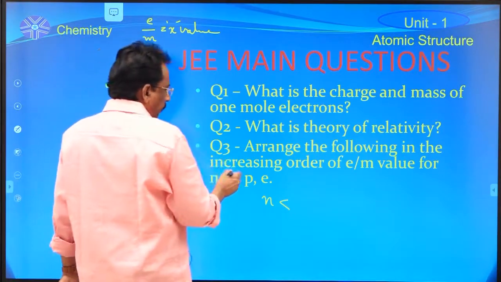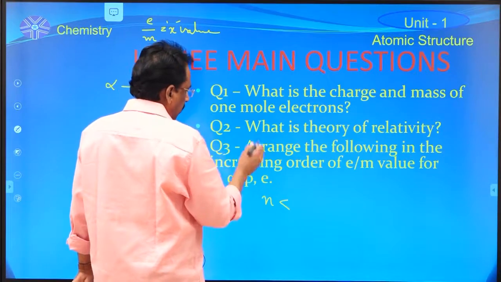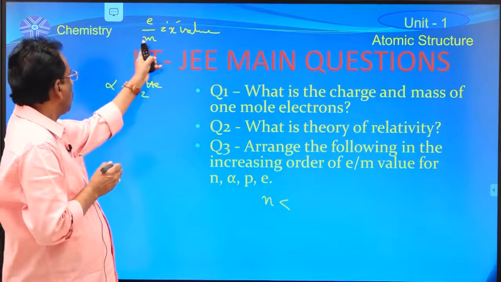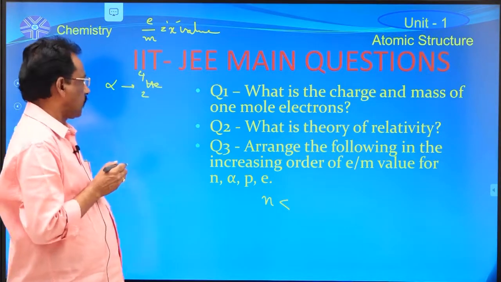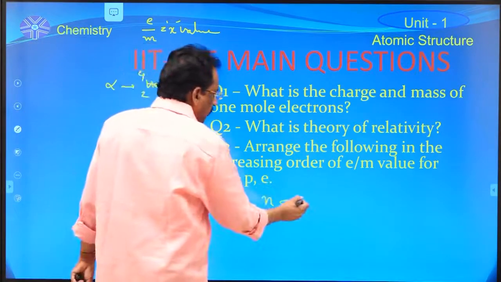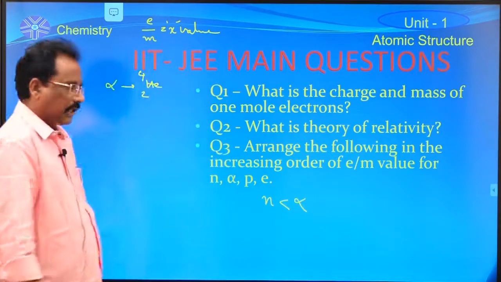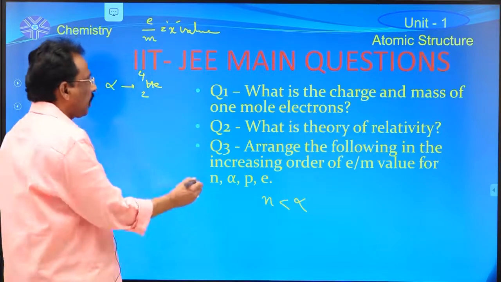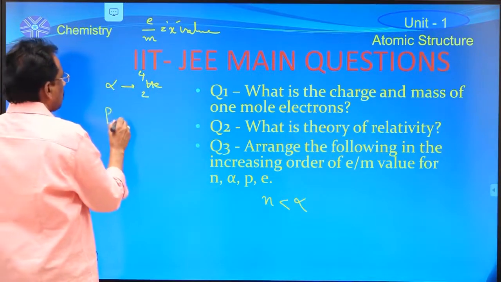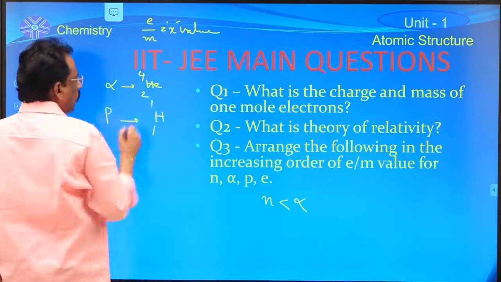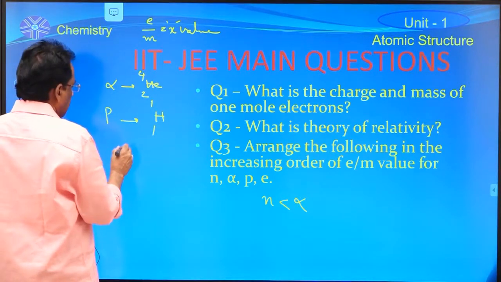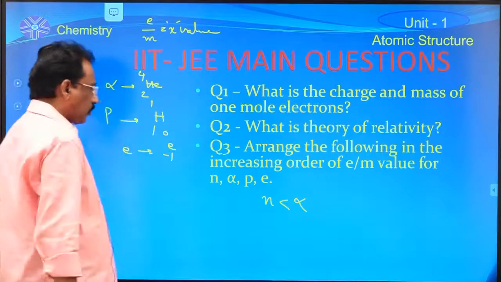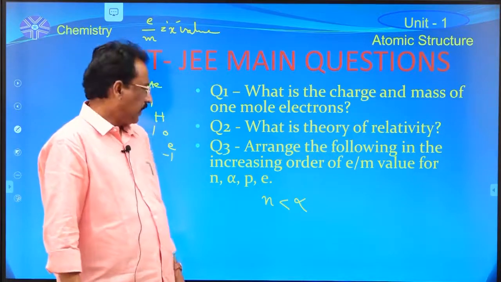So among alpha particle, proton particle and electron particle, in the case of alpha particle, mass is 4 AMU, and mass and this value are inversely proportional to each other. That's why when compared with the proton and electron, for the alpha particle the specific charge is less. Now among these two, proton is represented like this, protium 1H1, and the electron is represented like this, and that means among these two particles electron mass is very negligible.